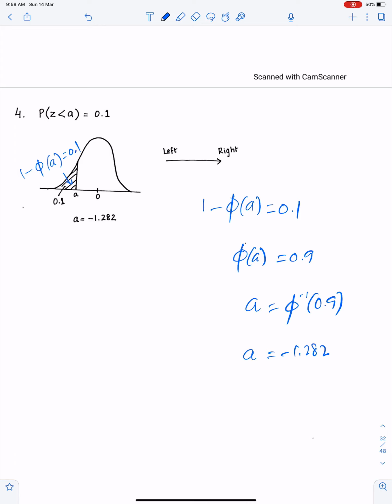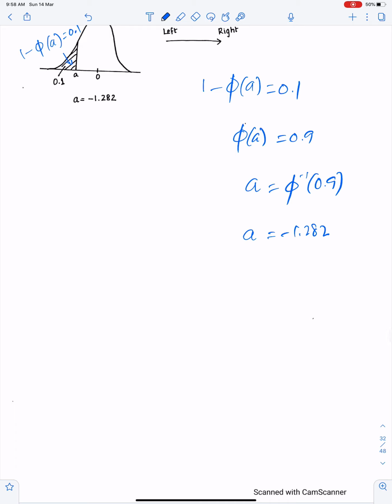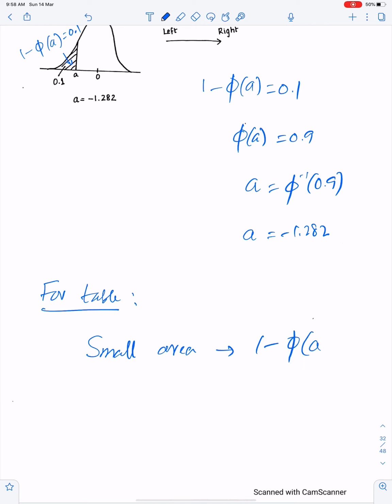So please learn this thing. For the table, small area is always 1 minus phi, large area is always phi. Always use this concept.